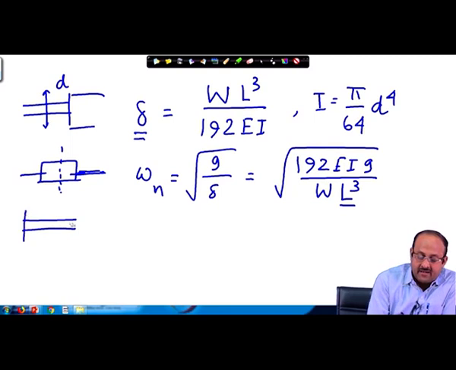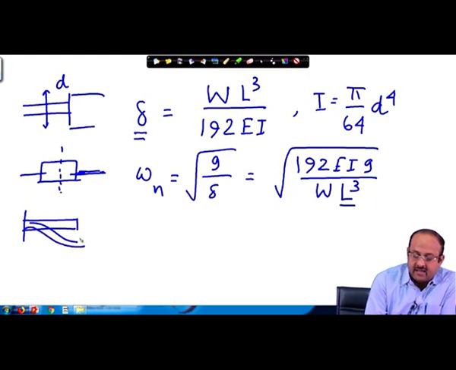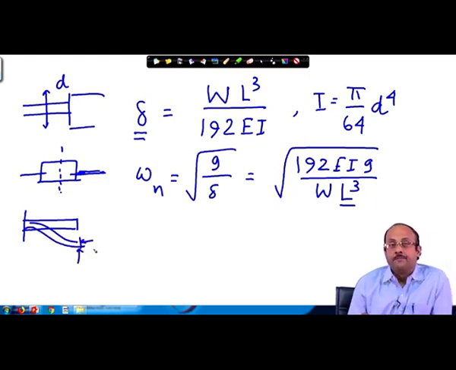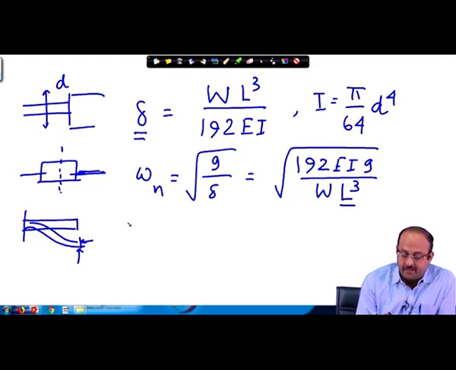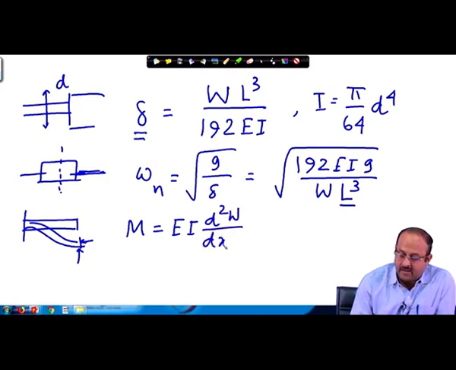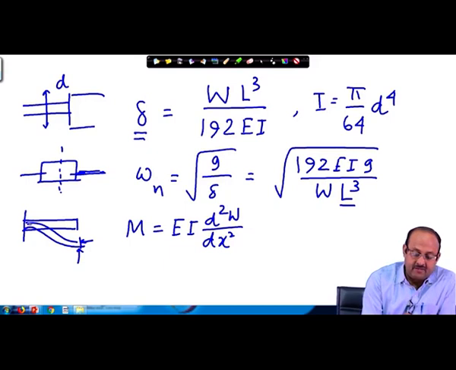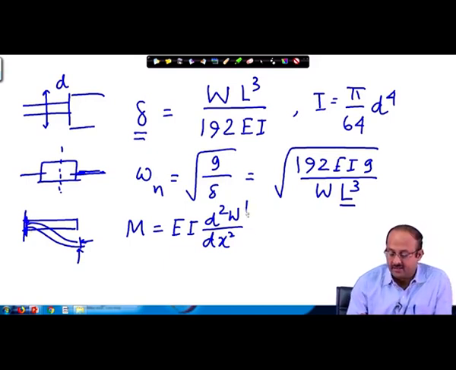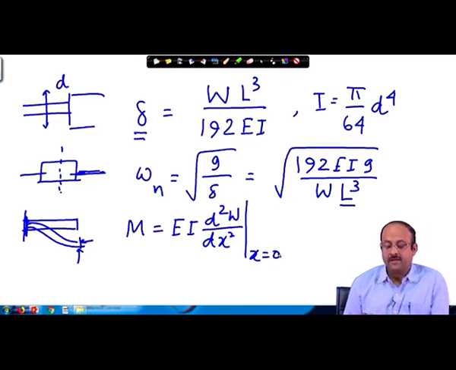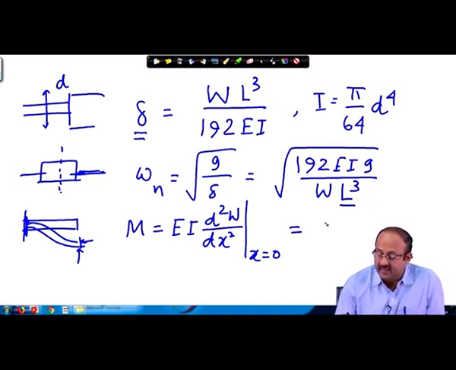If this is the beam and it is deflected like this, then using the same principle of strength of materials, the bending moment will be equal to E I d squared W by d x squared, and we evaluate at x equal to 0, because there the shoulder joint is. You can easily calculate from the earlier analysis that this becomes equal to W L by 8.